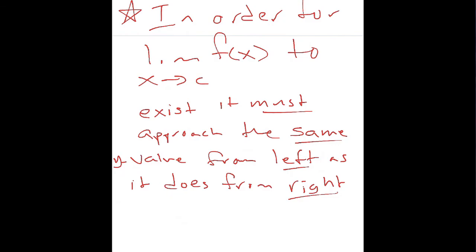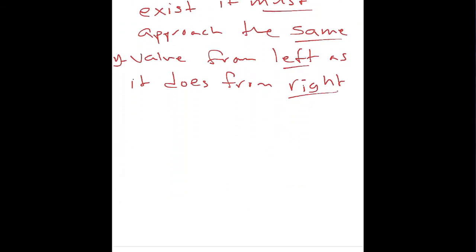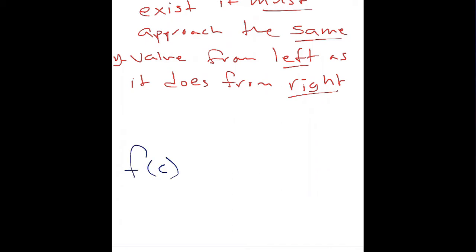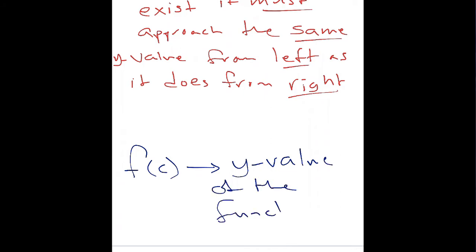Now, all of this is a little different than if you were just talking about what f of c was. f of c is the value, it's really the y value of the function at x equals c.